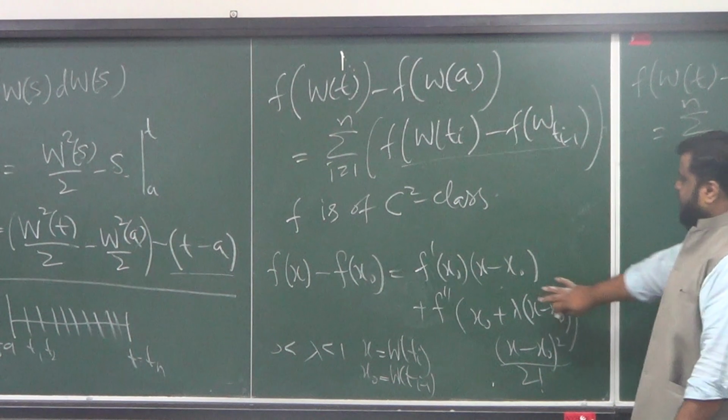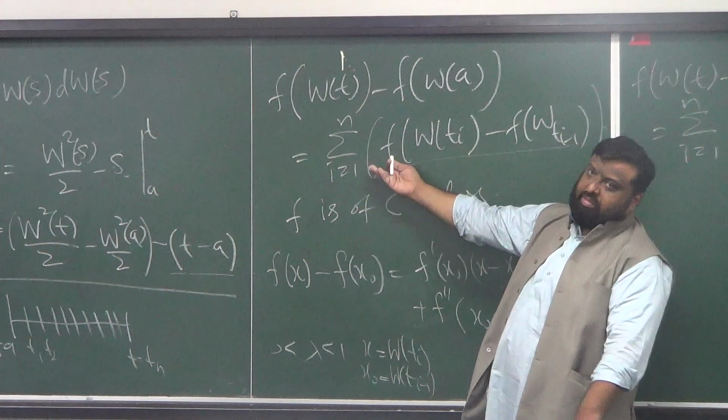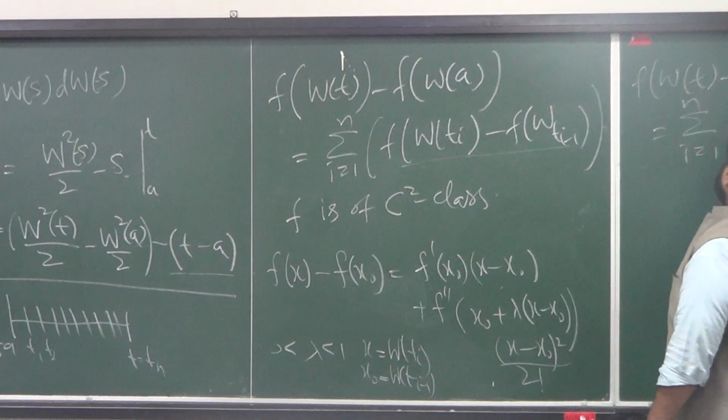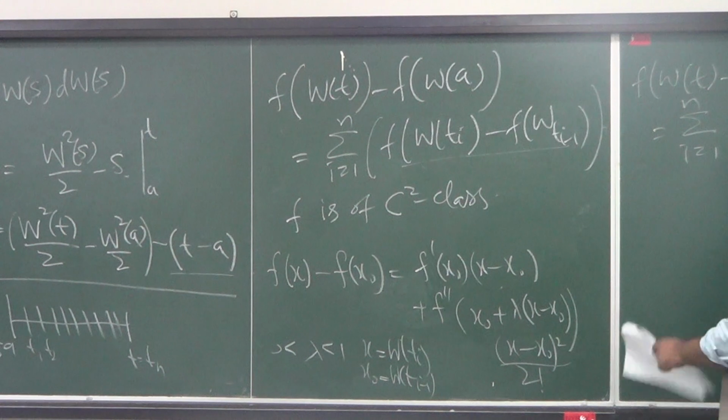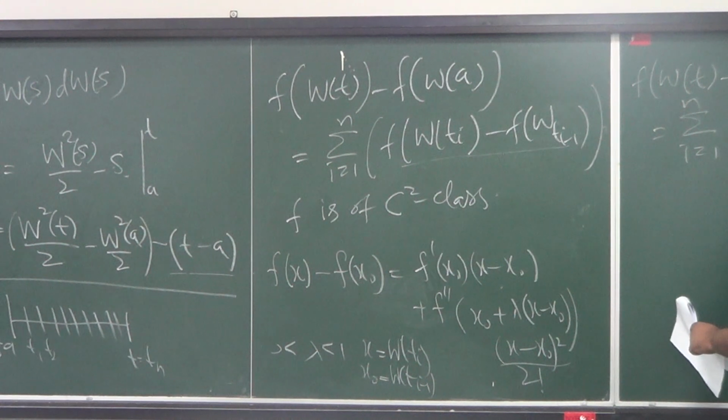Since you have two terms, you're going to have two sums. The first sum is going to be the sum of f prime of, explicitly, W of t_{i-1} times W of t_i minus W of t_{i-1}.